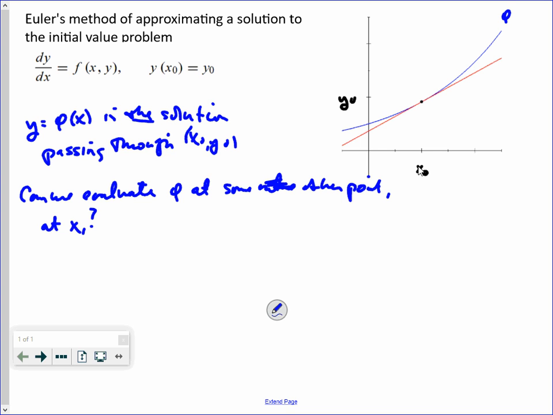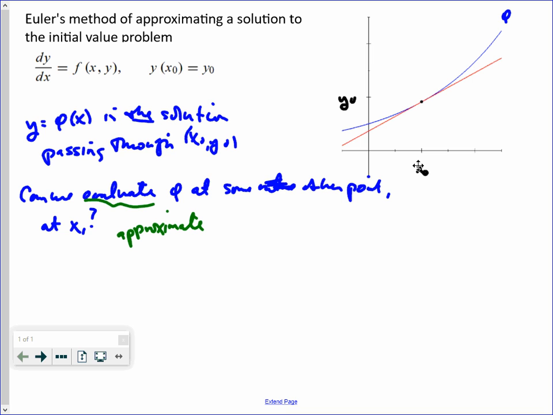And the answer to that question is no, not necessarily. But maybe we can approximate the value of phi at some other point? And that's what we're going to do here. We're going to figure out some way of approximating it and then getting better and better approximations.